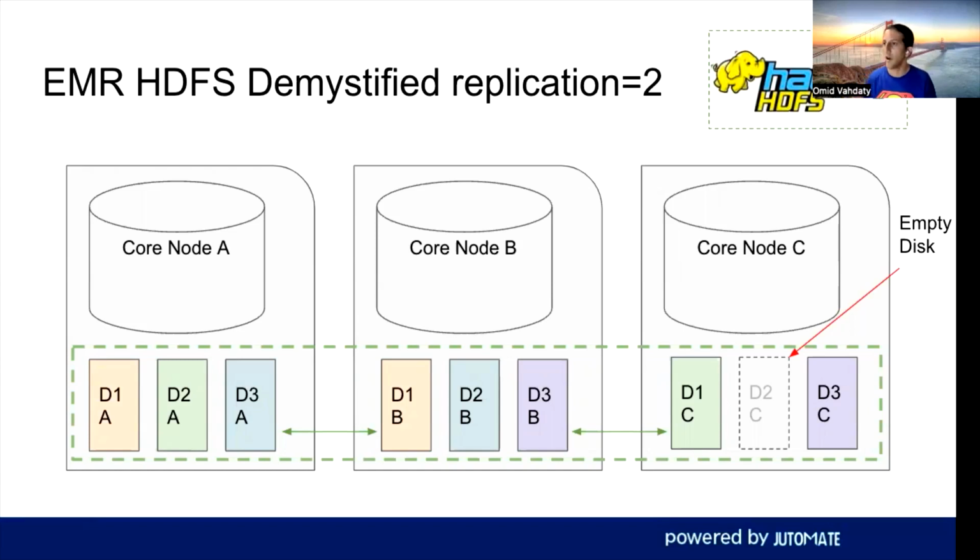For example, if you have 1 file, D1A, it will be replicated twice. So if it's 1 gigabyte, then you will have 2 gigabytes on your cluster. But the reason for that is because if node A is lost, you will have a copy on node B. So it's the job of the Hadoop file system that any file being written to HDFS will be replicated at least twice.